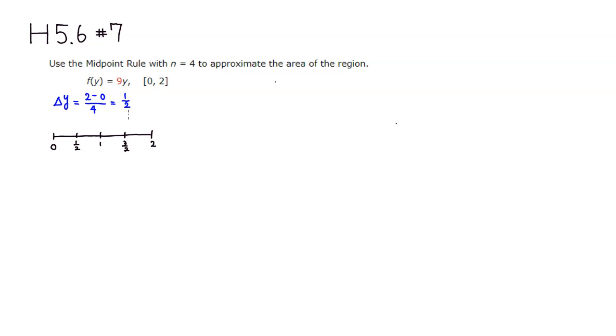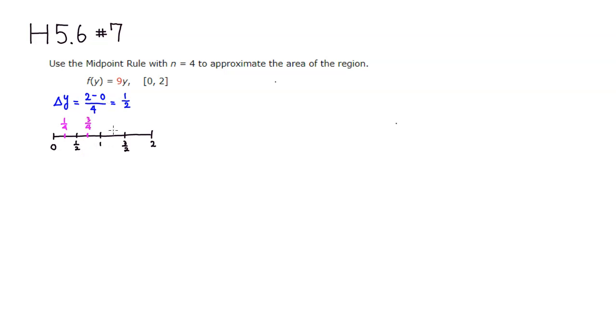Then we just have to find a bunch of midpoints. Between 0 and 1/2 is obviously 1/4. Add them up, divide by 2. Between 1/2 and 1, it's going to be 3/4.